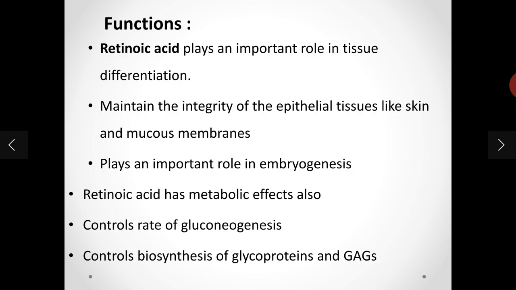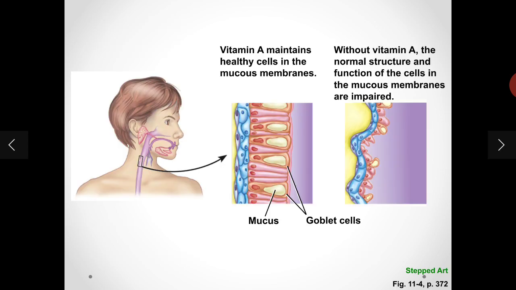It controls the rate of gluconeogenesis and controls the biosynthesis of glycoproteins and GAGs. So this is how vitamin A, through retinoic acid, maintains healthy cells in your mucous membrane, where here it is impaired without vitamin A.